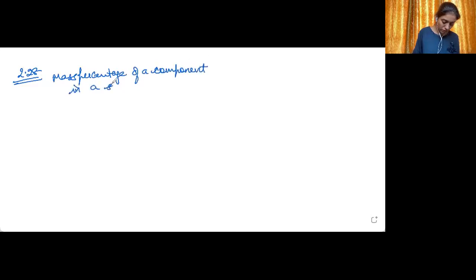Very simple question. Okay. So mass percentage of a component in a solution is equal to mass of that component upon total mass multiplied by 100.